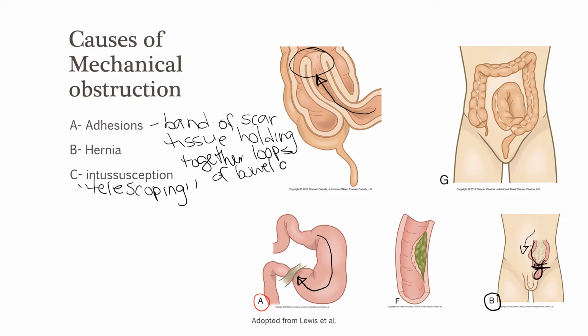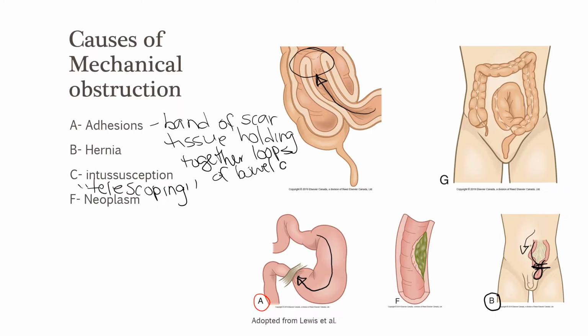Intussusception, or telescoping of the bowel, is very, very common in children, more so than your adult patients. So babies are often subjected to telescoping of the bowels, and how they present clinically is they would come in with projectile vomiting, they're crying, they're inconsolable, often the legs are pulled up, and they're just in excruciating pain. So intussusception is also referred to as telescoping.